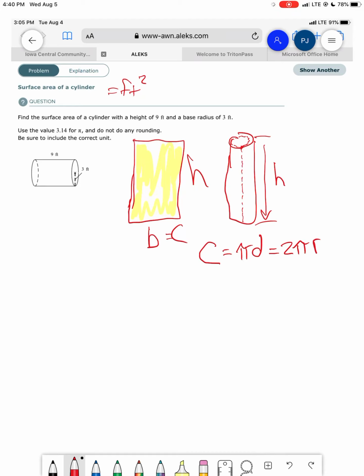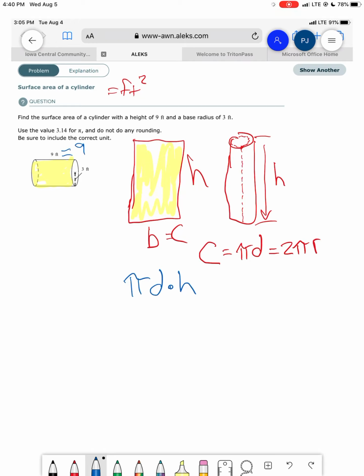If we look at this actual piece over here, our little cylinder laying on its side, we're calculating the outside of it. So the equation for the area of the outside is pi times diameter times the height. In this case, this 9 is the height, because the cylinder is rolled over on its side. If we stand it straight up, we would still have that 9 as height.